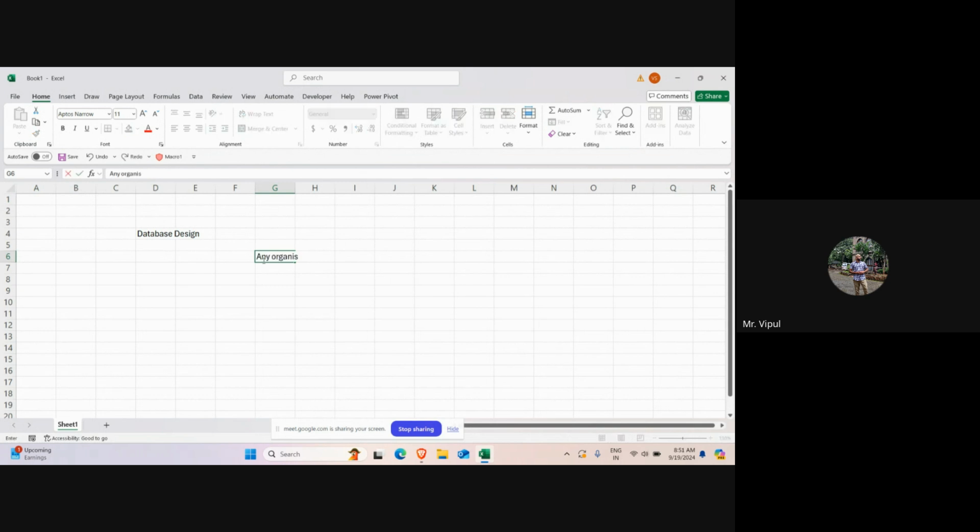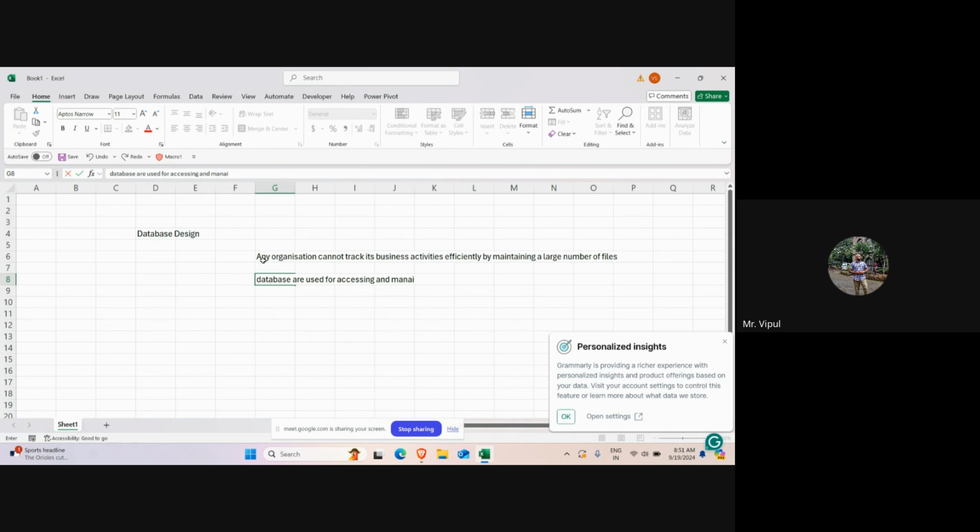So I'll write down over here, any organization cannot track its business activities efficiently by maintaining a large number of files. Hence, a database is needed. Hence, databases are used for accessing and managing data efficiently.